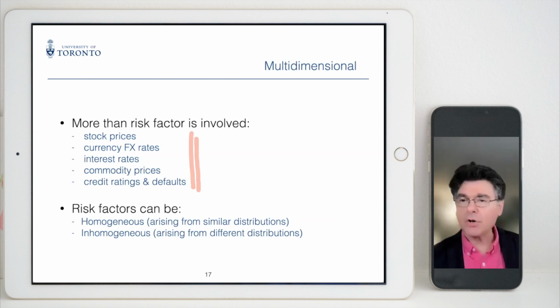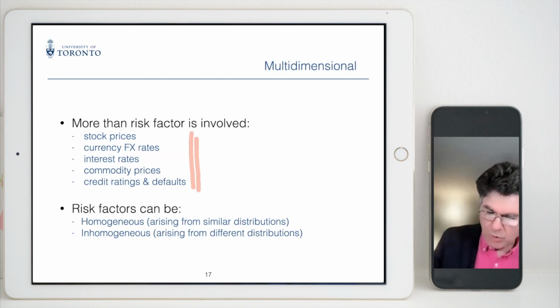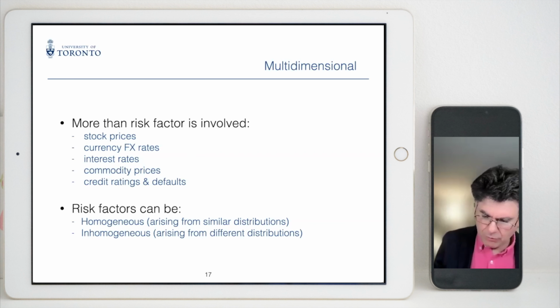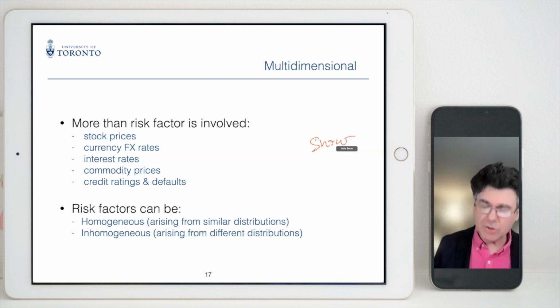But we can also have scenarios where the risk factors are what's called inhomogeneous. They are different. For example, imagine this. We already considered the snow as a risk factor. Imagine that there's snow as a risk factor and a default as a risk factor. These are 2 risk factors.